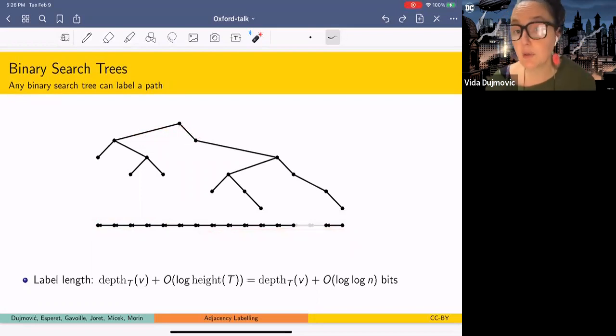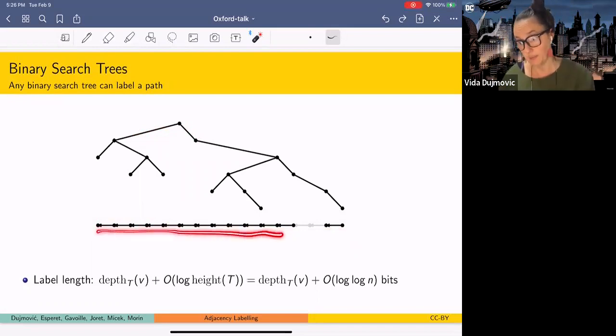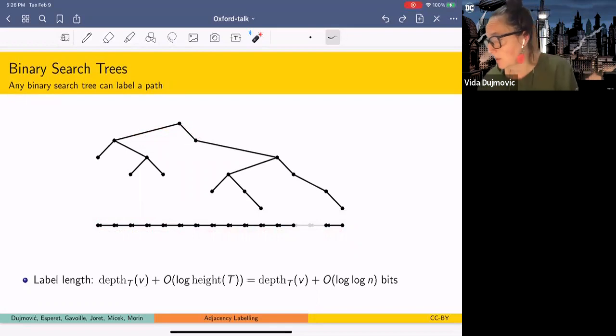Okay, so how do you label the vertices? You build a binary search tree on the numbering of the path. And what is the labeling that you use? Let's say you want to know the label of this vertex. You look at the tree, and then you just label the path from the root to that vertex.